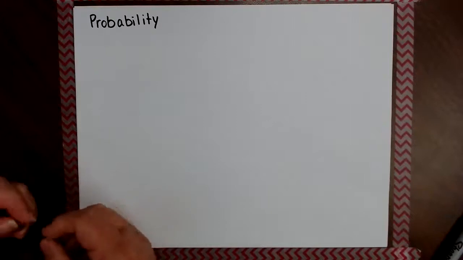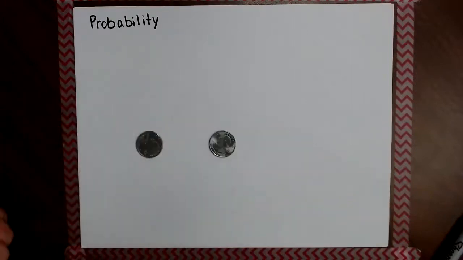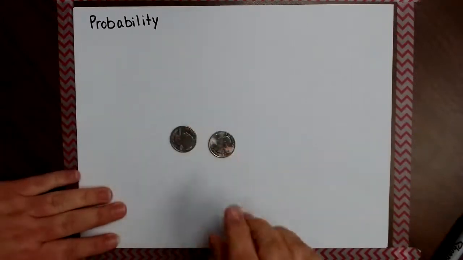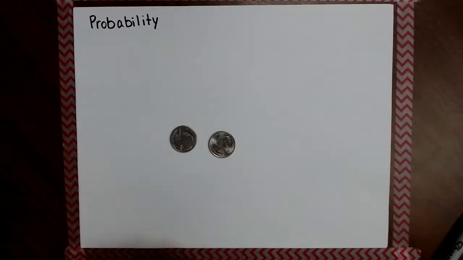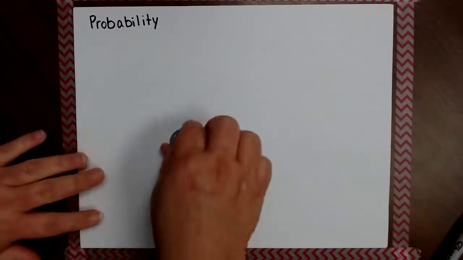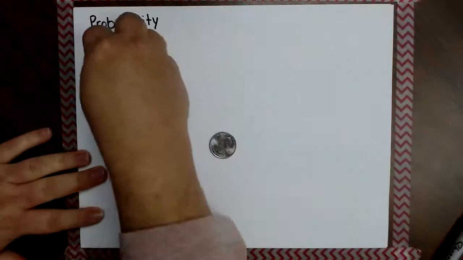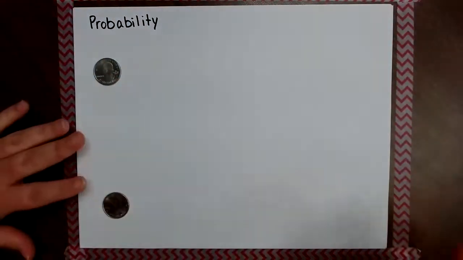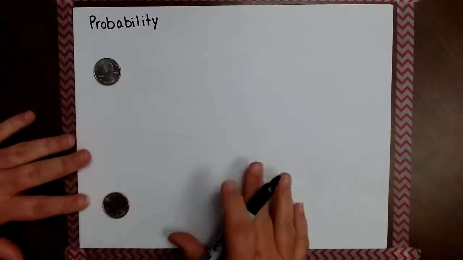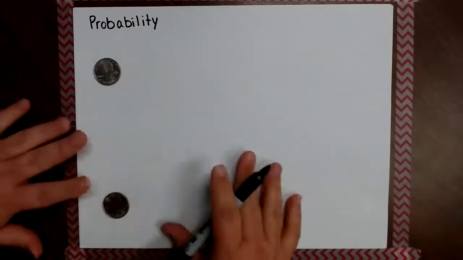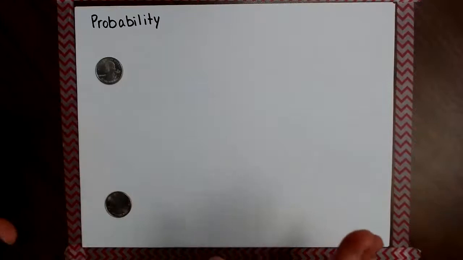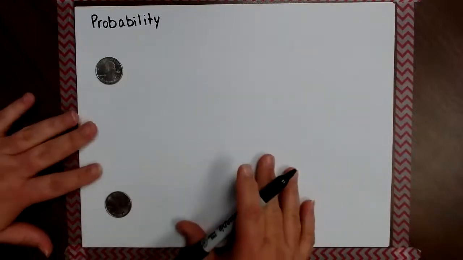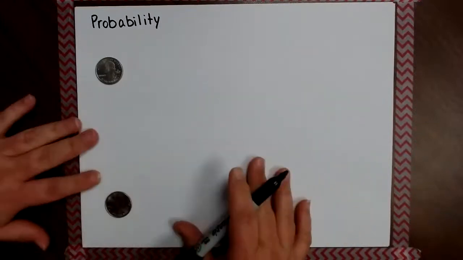So if I had two coins, and I hope you can see it, these are both heads. If I flip them, let's say the first coin lands on heads, okay? And sometimes they'll write things in this weird sort of format, but once you see it, it makes a lot more sense.